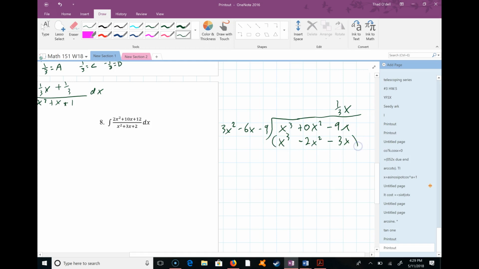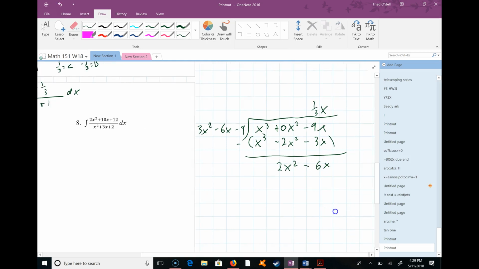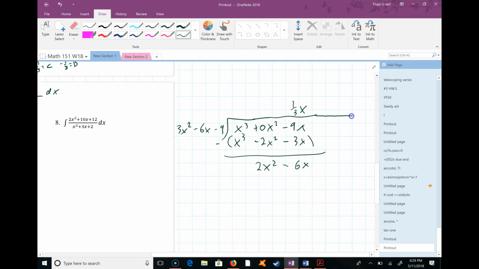And then we're going to subtract that, and we get 0, and that would give me a positive 2x squared. And negative 9 plus 3x would be minus 6x. So then we can do it again. And this time I ask what times 3x squared equals 2x squared, and that would be 2/3.